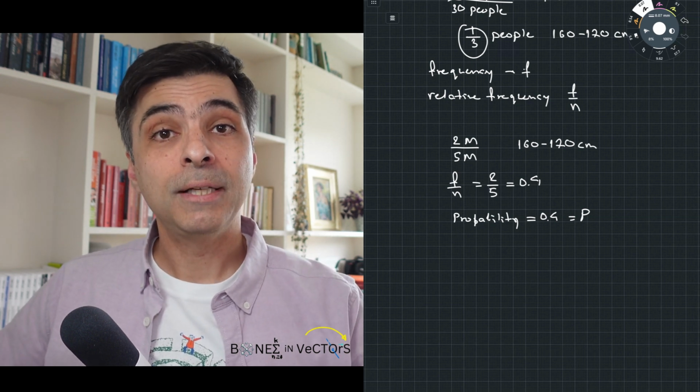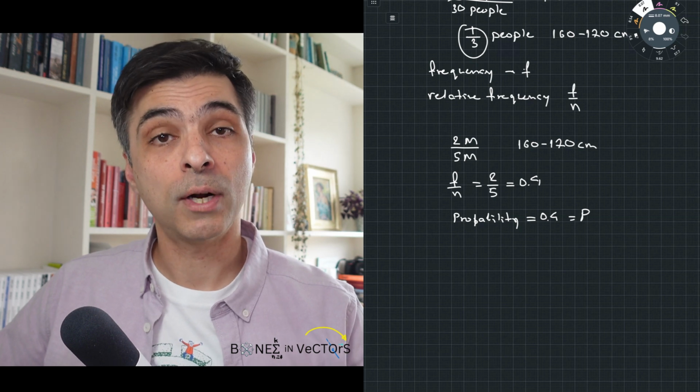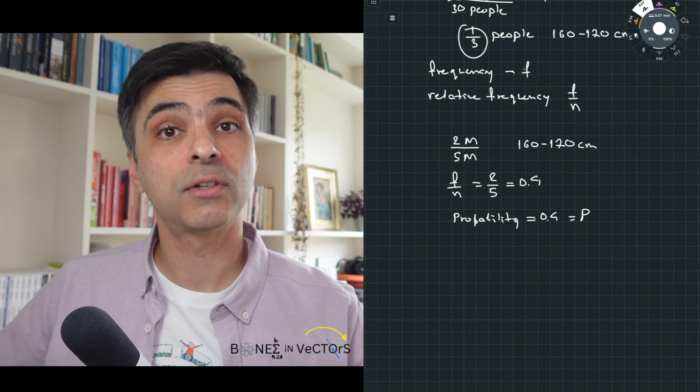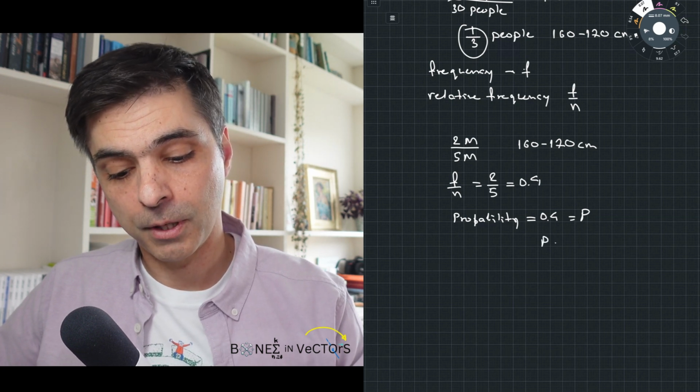So the probability of finding a person whose height is between 160 and 170 centimeters is 0.4. P equals 0.4.